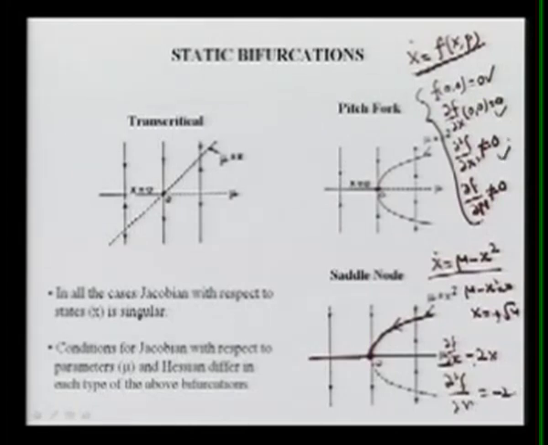If you are differentiating with respect to mu, you are getting del f upon del mu equal to unity, which is not 0 because it is equal to 1. So we are meeting this one, and then it is called the saddle node bifurcation.